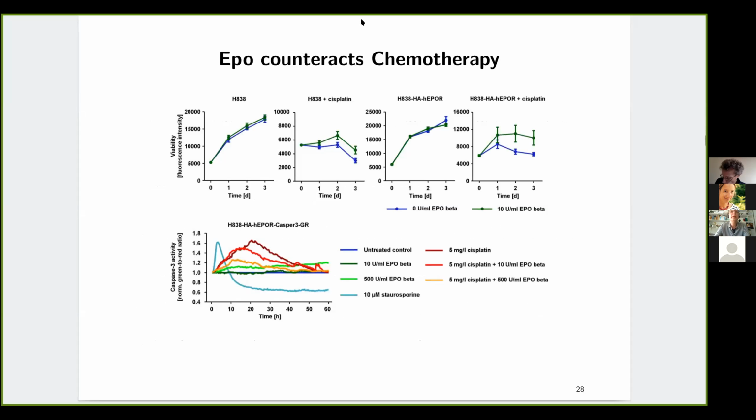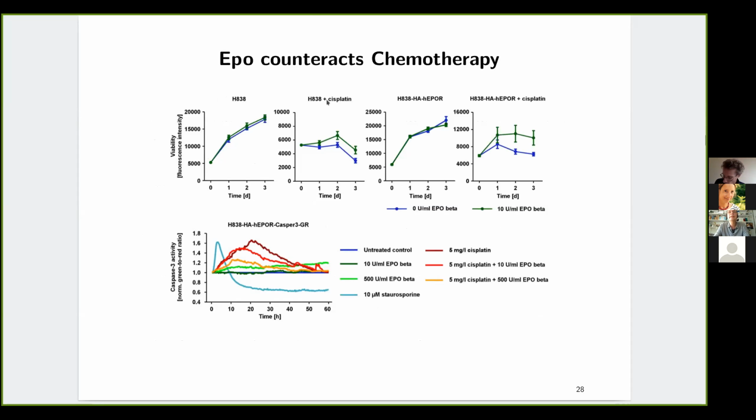So EPO counteracts chemotherapy. In these three slides, what is shown over time is the viability of cells, meaning how happy they are. If we take, for example, one cancer cell line and look at the growth of these cells without EPO and with EPO, you see there's no difference.